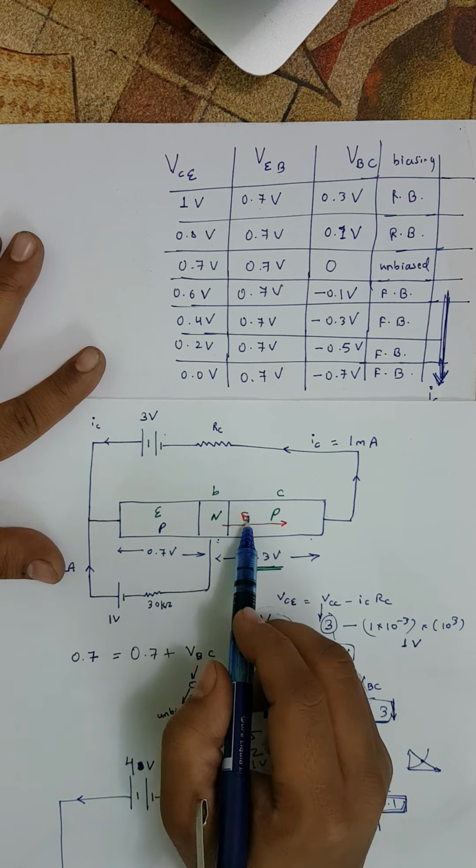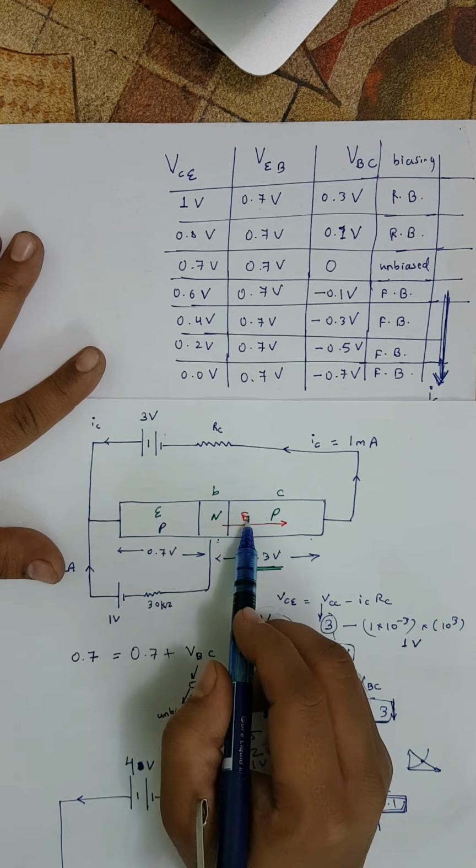Not only that, when we decrease this VCE, this voltage, to values even less than 0.7, so let's say this becomes 0.6 and this remains 0.7, what will happen is that this will become negative. And what is the meaning of this becoming negative?